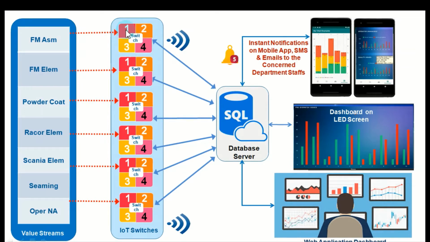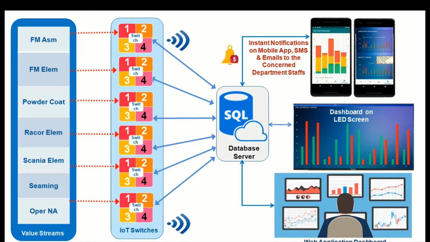Once he presses the button or the switch, the data is transmitted wirelessly to the centralized SQL Server database, which is an on-premises server. Once the data is received at the server end, it sends instant notifications on the mobile app of the maintenance staff and also as an SMS and email to them.